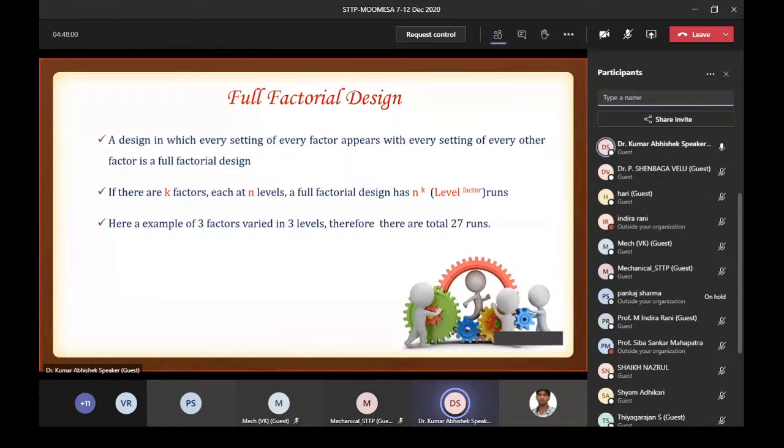So if you take 3 different values for each factor, then your total number of experiments is going to be increased. If you consider 3 factors and 3 levels, then the total number of experiments, or possible combinations of each factor, is 27.